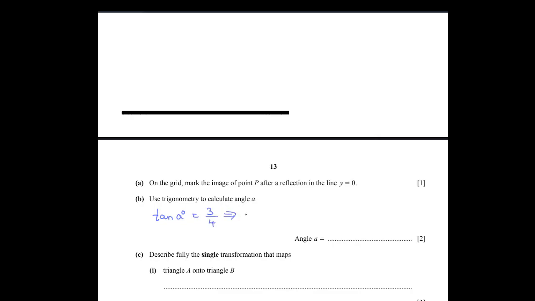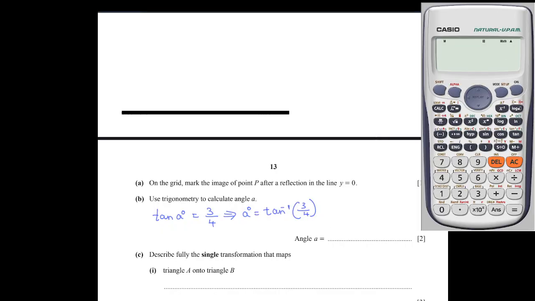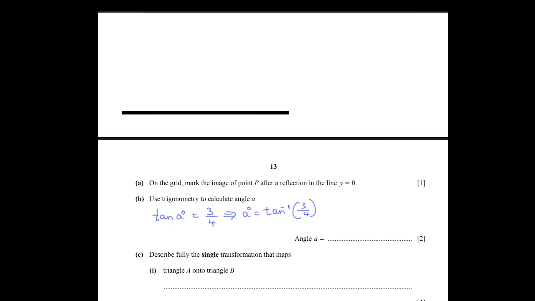So that means angle A will be tan inverse of 3 by 4. Tan inverse of 3 by 4 is 36.8698, which is 36.87 degrees.